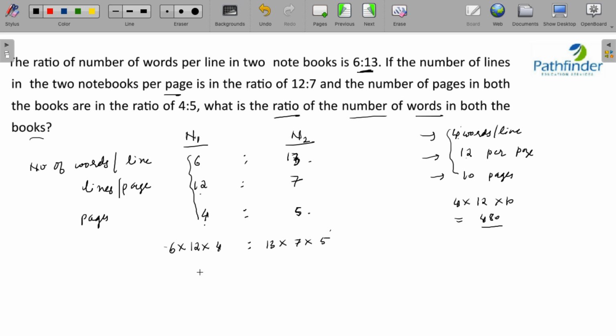So 72 into 4, 288, 91 into 5, 455. Does it get cancelled out? No, it doesn't. So the ratio of number of words will be 288 as to 455. I hope you understood what compound ratio actually means.